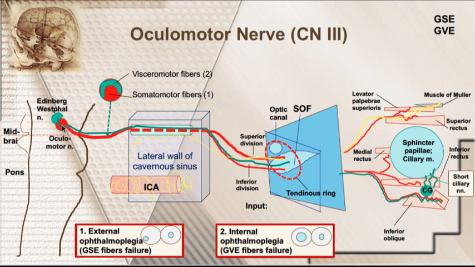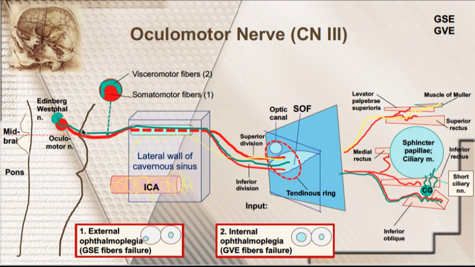The oculomotor nerve is formed by peripheral processes of the somatic motor neurons located in the nucleus of the oculomotor nerve and by visceromotor axons arising from the Edinger-Westphal nucleus. Both nuclei are located in the midbrain at the level of the superior colliculi.